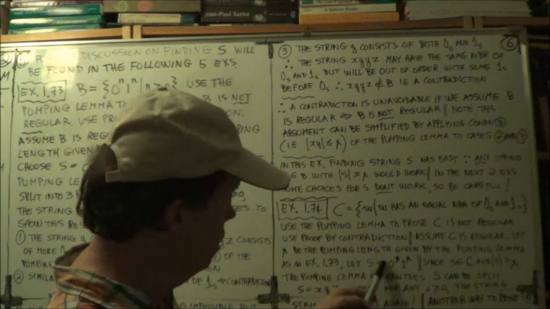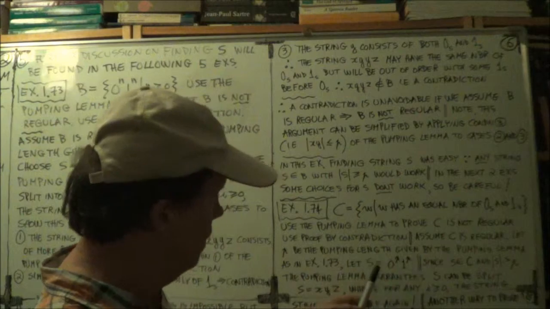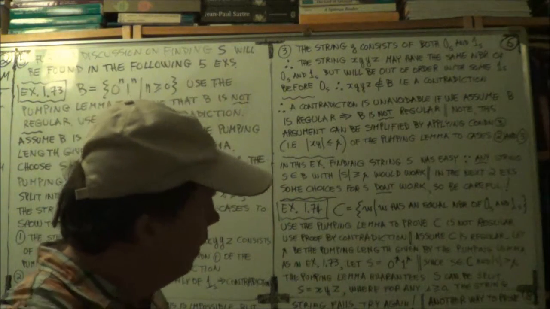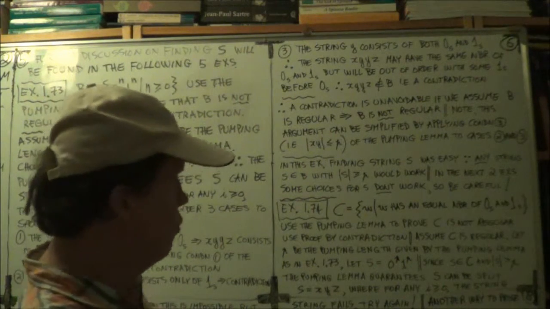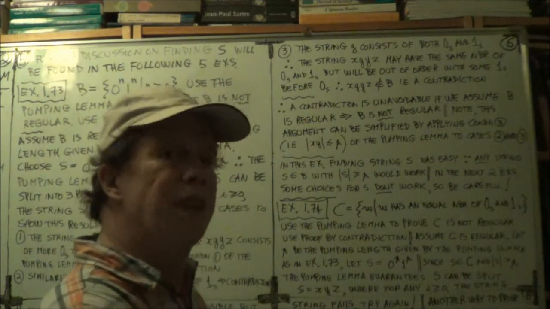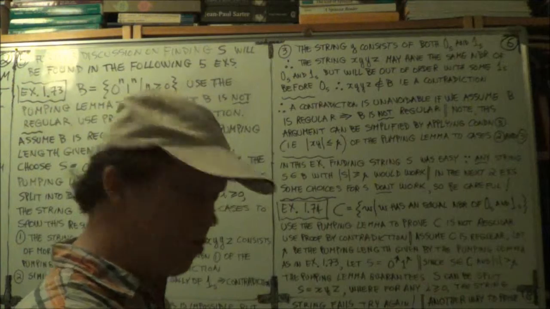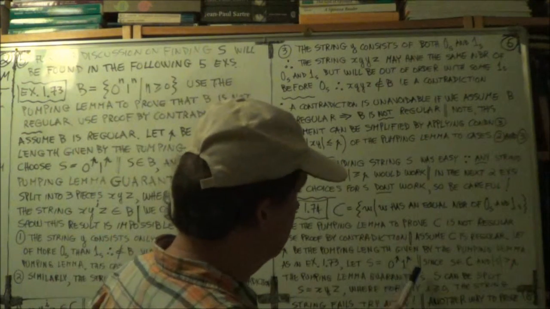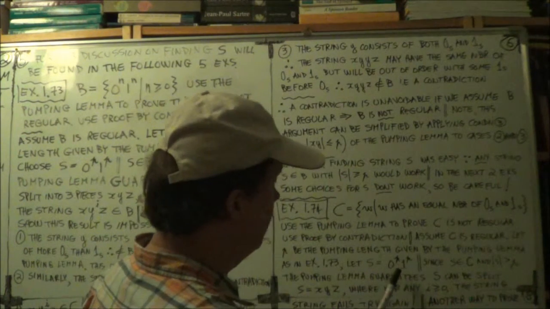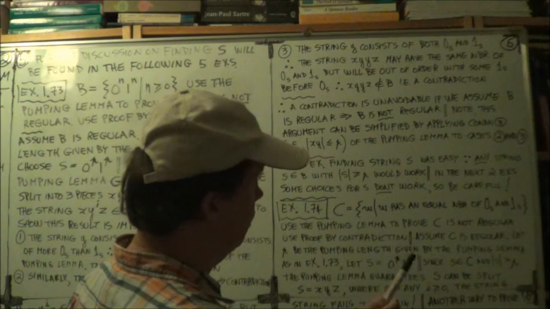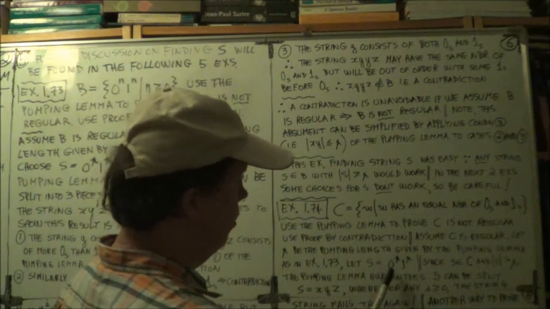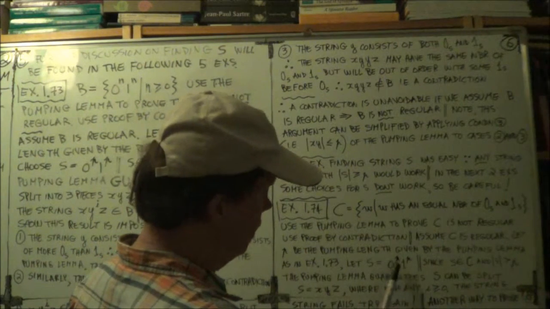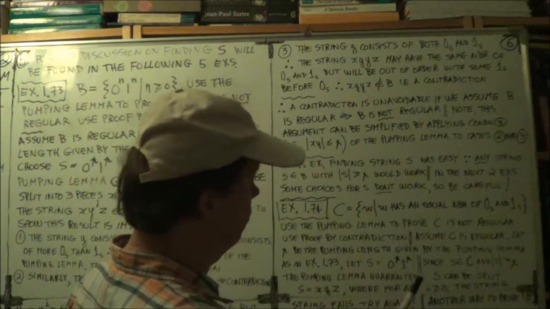So let's take this choice as the potential counterexample, a string that maybe cannot be pumped. That's what we're trying to show. So our strings are of the form 0 to the P, 1 to the P. You are putting all the zeros on the left and all the ones on the right.